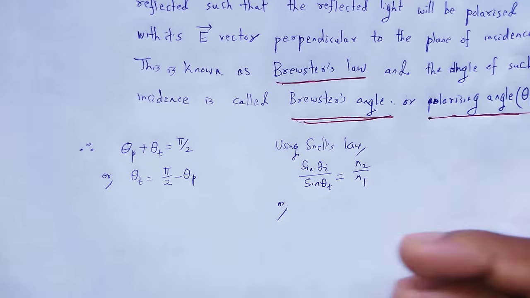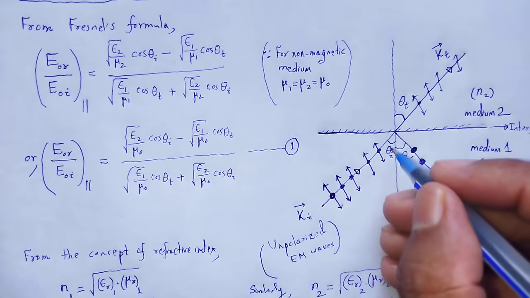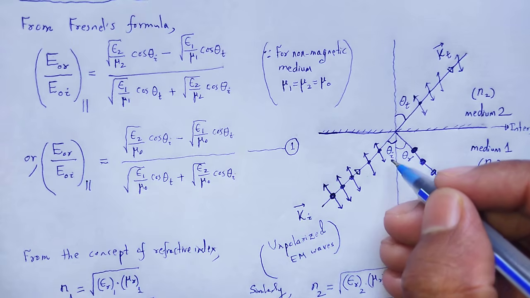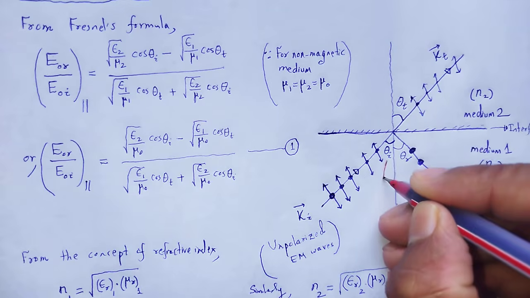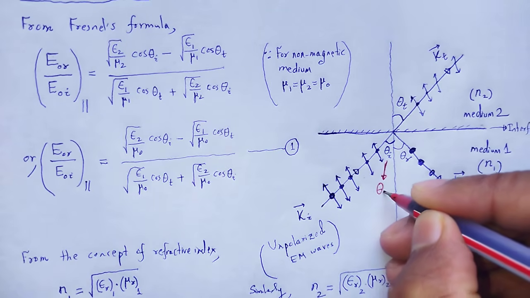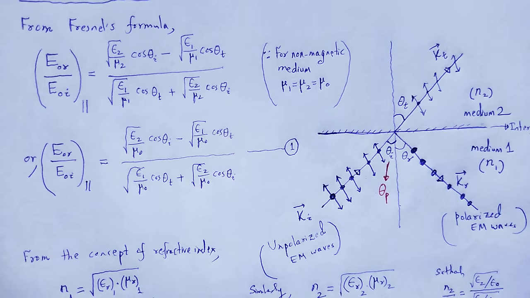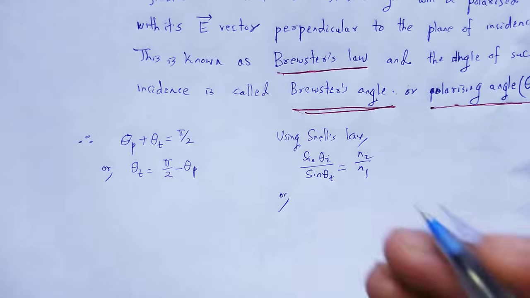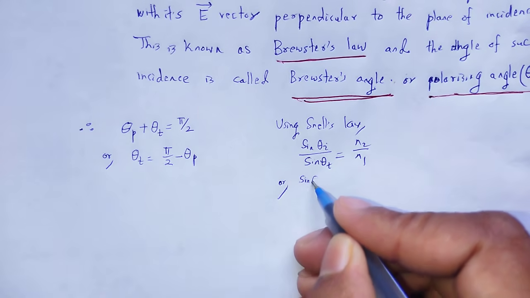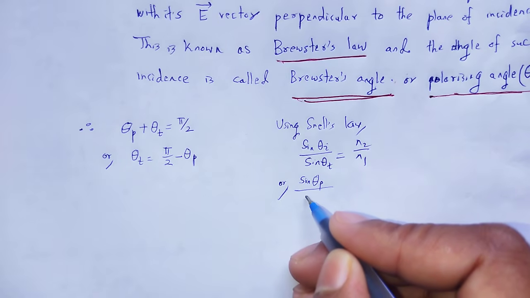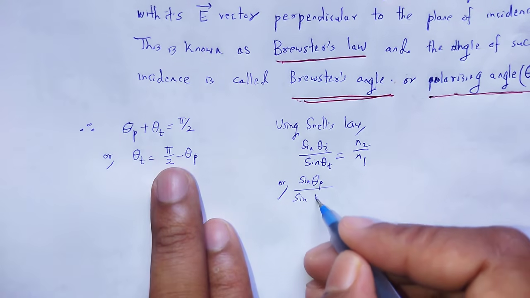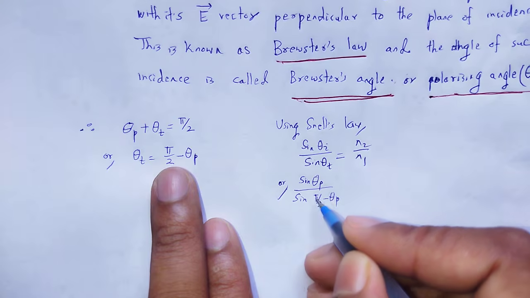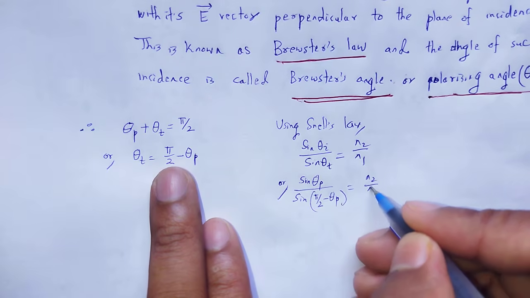Sin theta I is nothing but theta p, the polarizing angle or Brewster's angle. In place of sin theta I, sin theta p divided by sin of, in place of theta t, pi by 2 minus theta p, is equal to n2 by n1.